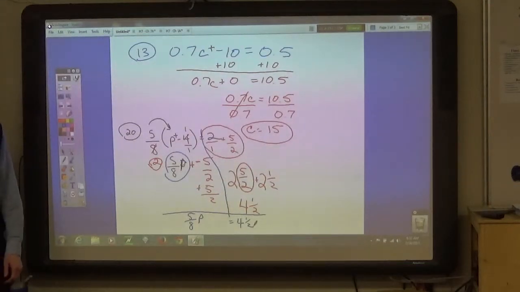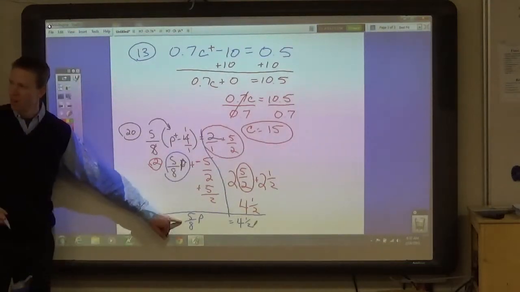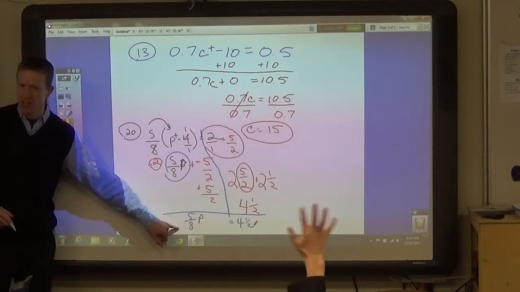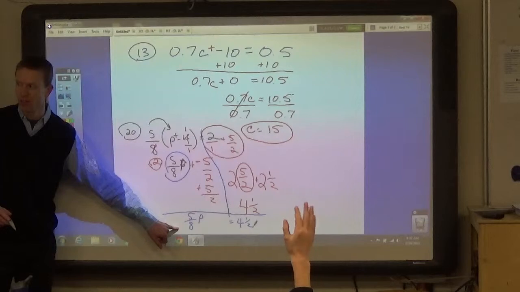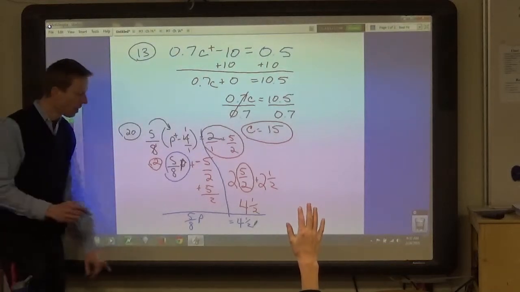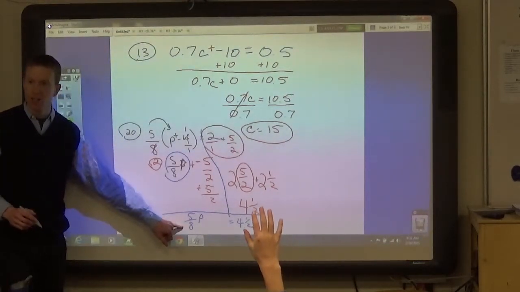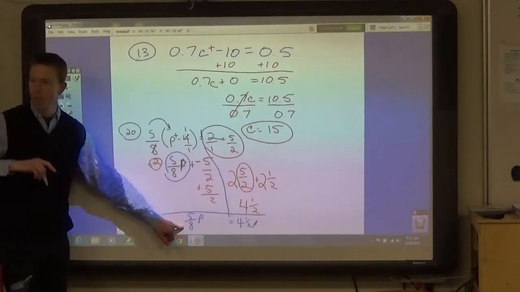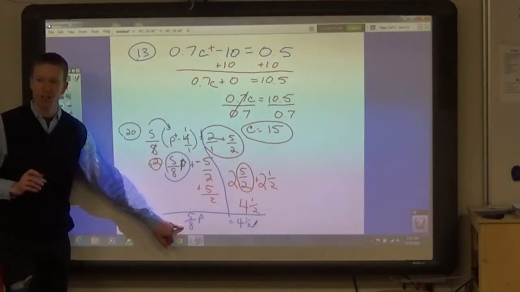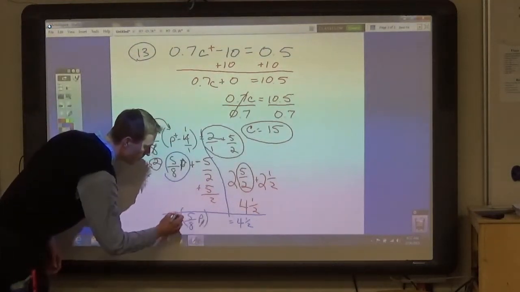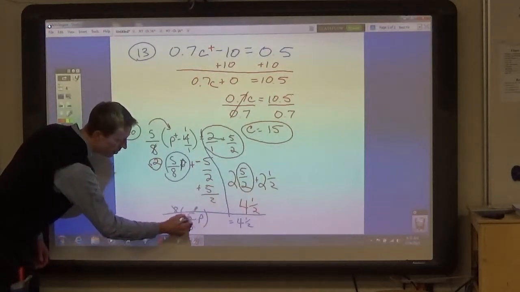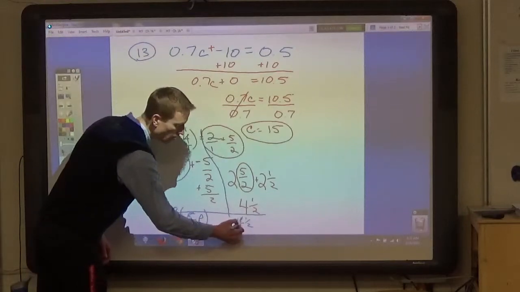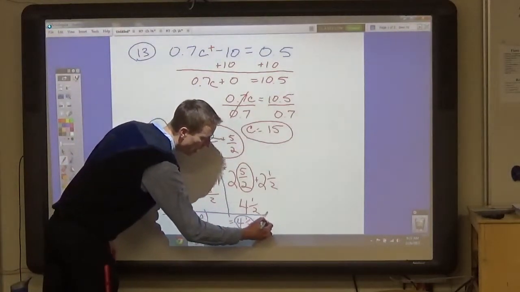How do we get rid of this 5/8? You multiply it not by 5/8, but by 8/5. Multiply it by the reciprocal, 8 over 5. Cross out these reciprocals. And now we're going to multiply 4 and a half by 8 over 5.